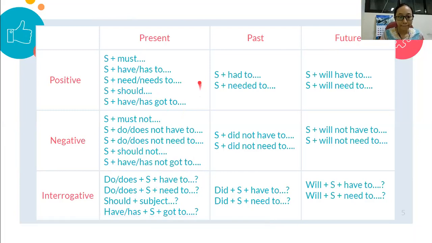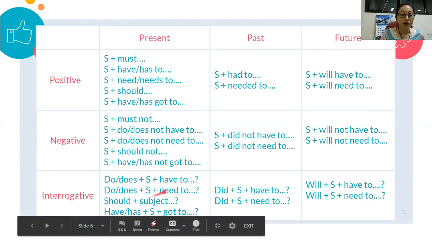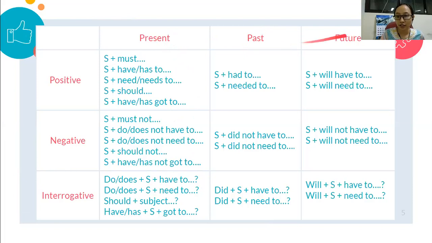And then ini have or has to, have atau has to ini yang paling fleksibel, bisa digunakan untuk positif, negatif, and also interrogative. And have or has to can also be used for present, past, and future situation.